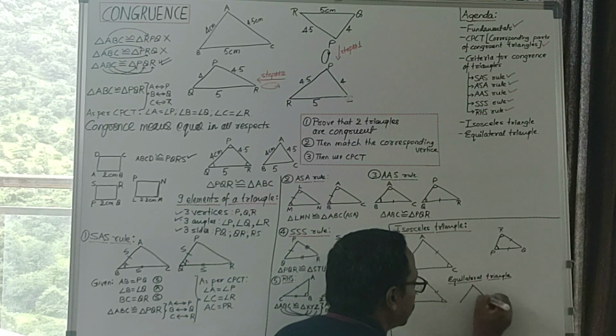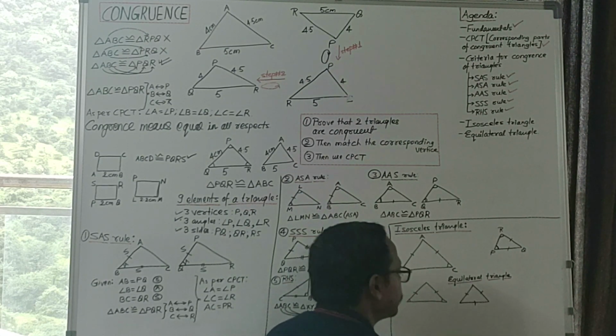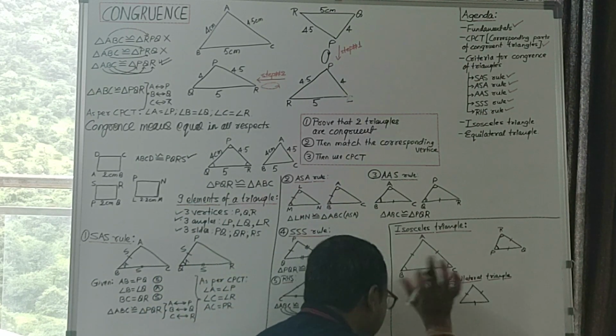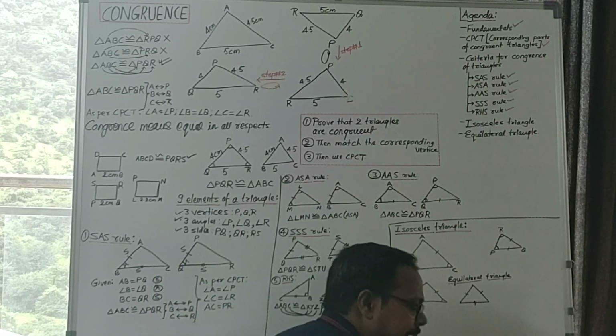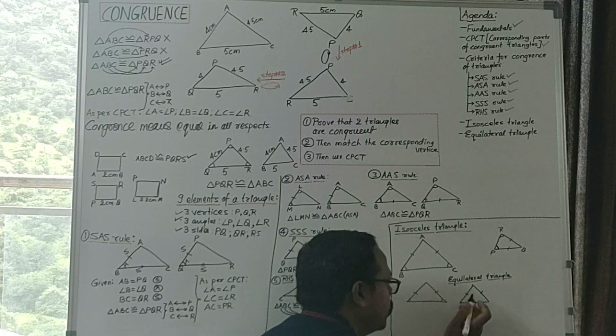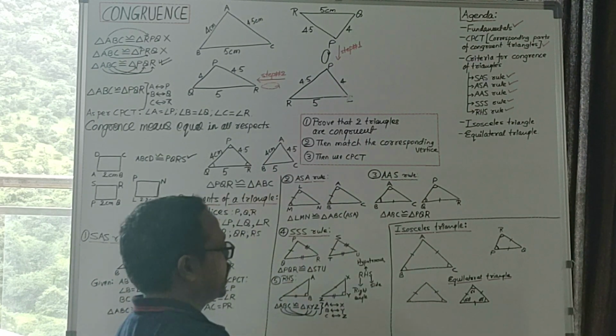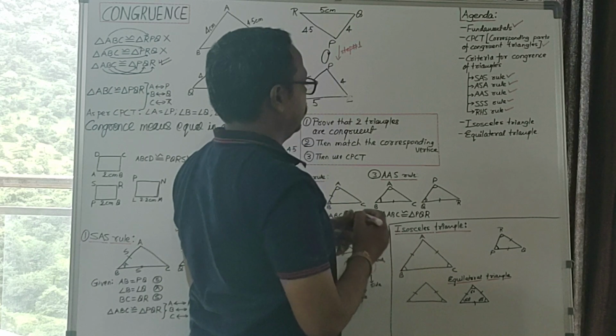We know the sum of the angles in any triangle is 180 degrees, right? So each angle in an equilateral triangle is 60 degrees. All are equal, so it is 60 degrees. This is the case of an equilateral triangle.